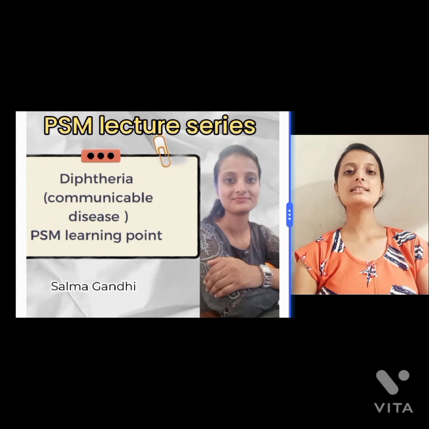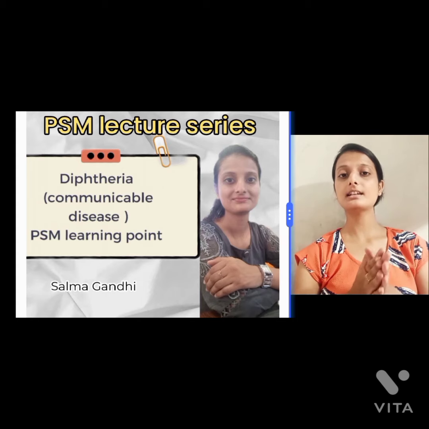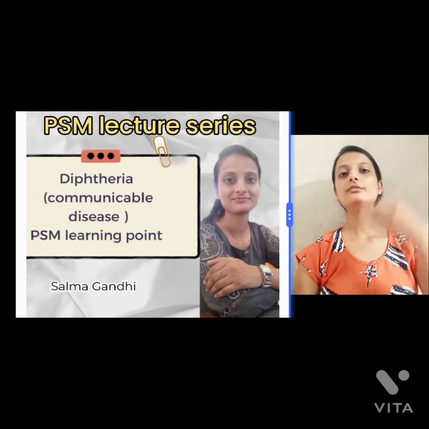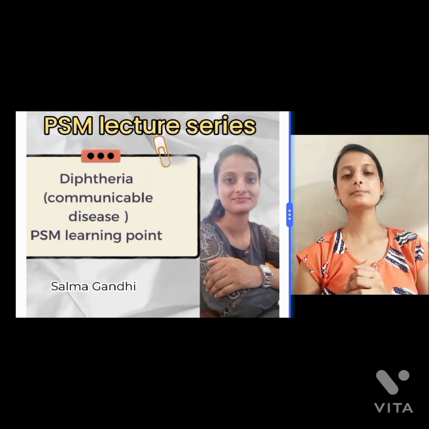From now on we'll start with the communicable diseases, and among them we'll start with diphtheria, a respiratory infection. Let us first discuss the headings through which we see these diseases.